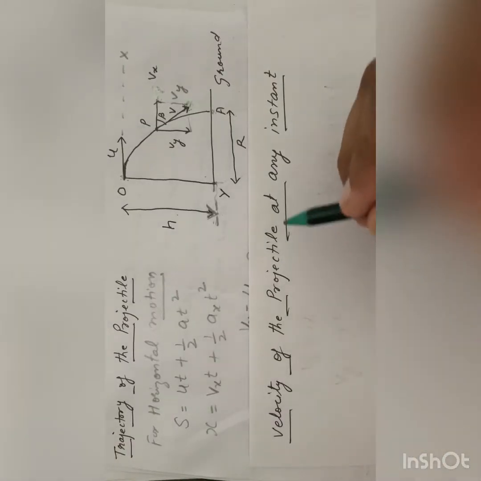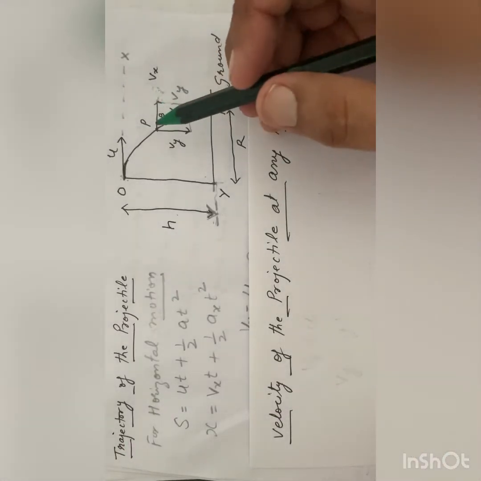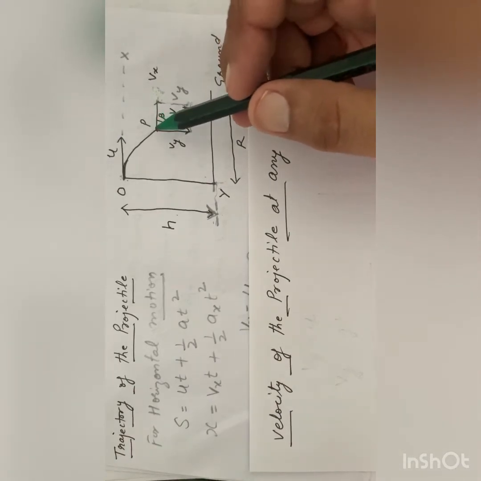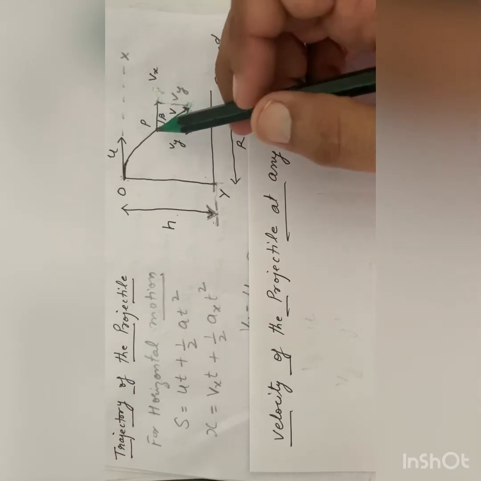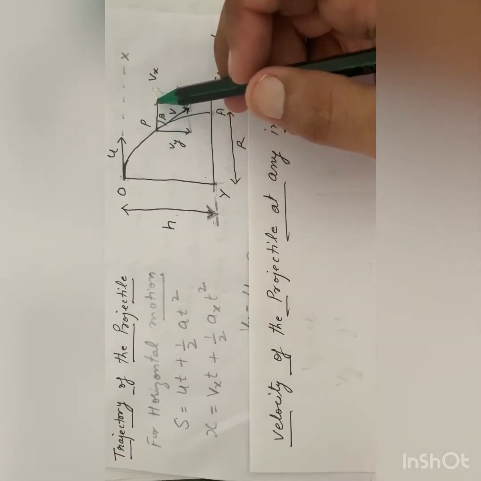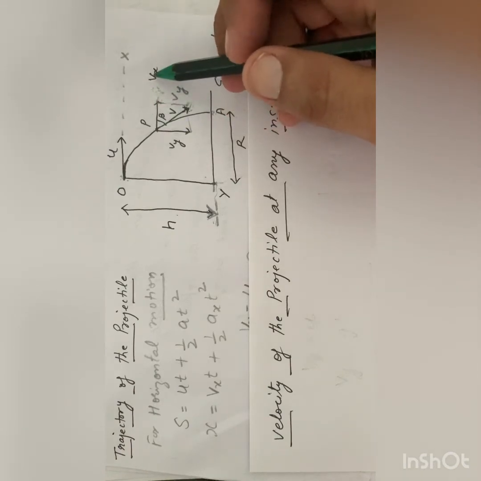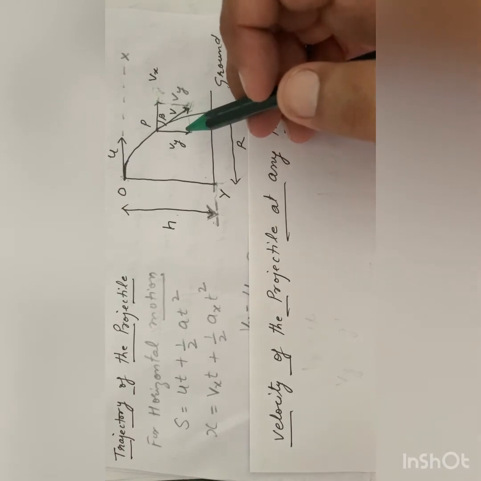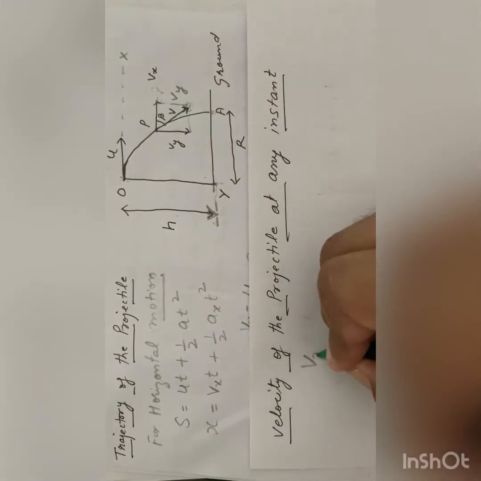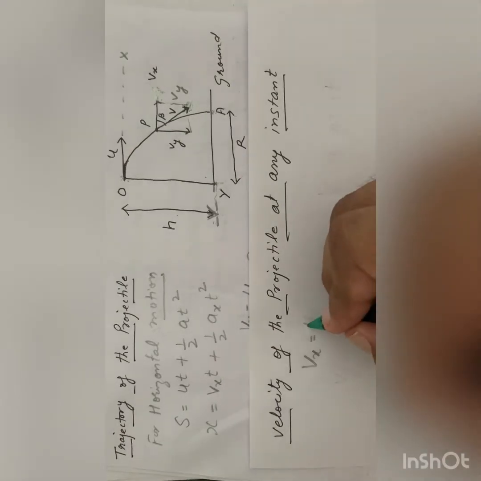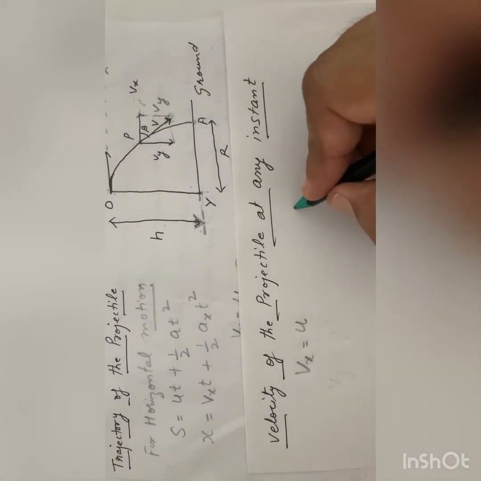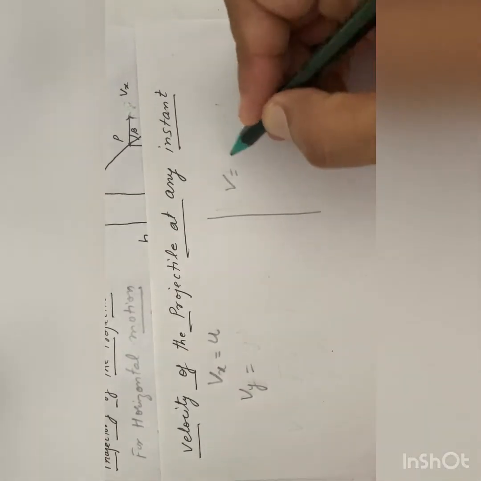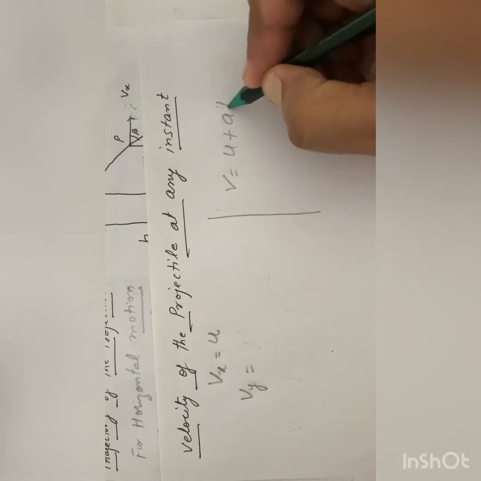Velocity of the projectile at any instant. Let at time t the projectile be at point P. It has velocity v at P. Vx is the component of velocity along x-axis, and Vy is the component of its velocity along y direction. Now we know that the horizontal component is equal to u, and for the vertical component Vy, v equal to u plus at.